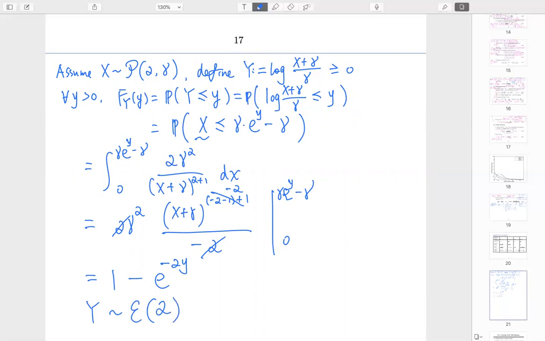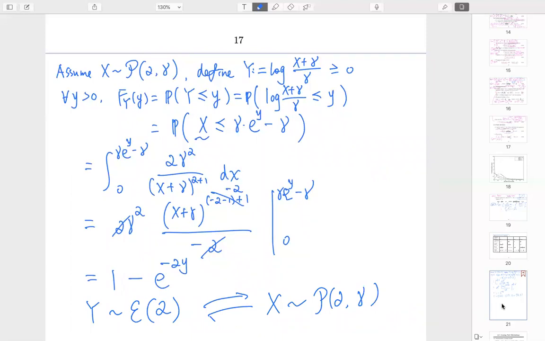So this is the exponential distribution. So we can actually establish the connection between Pareto and exponential. Exponential and Pareto are also connected, right? I think it's mathematically beautiful, so that's why I present this to you.